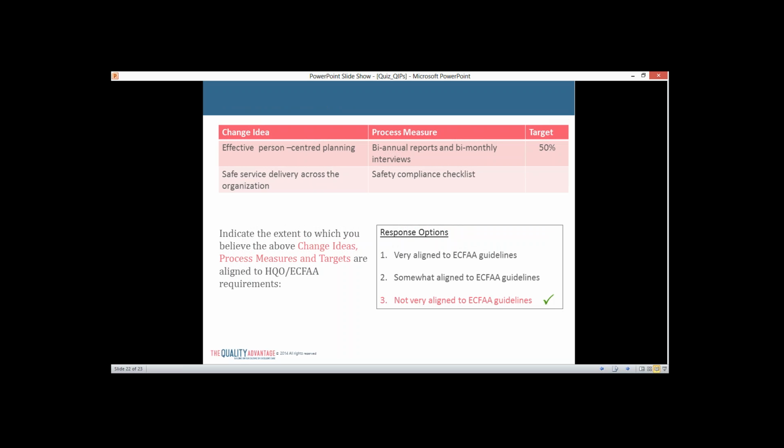The first change idea, effective person-centered planning. If I picked up this quality plan, I really wouldn't know what frontline staff were doing to make change. This doesn't really tell me anything. It's very vague. The process measure, biannual reports and bi-monthly interviews, talks about the method for data collection.